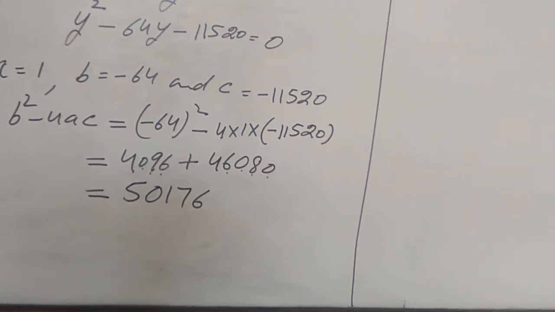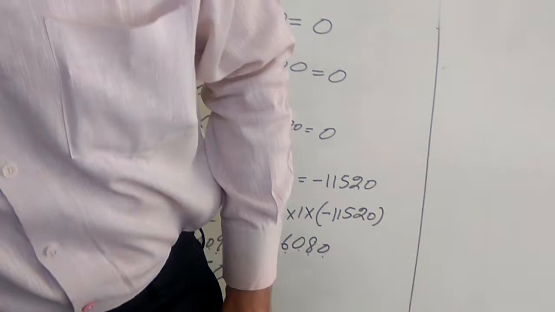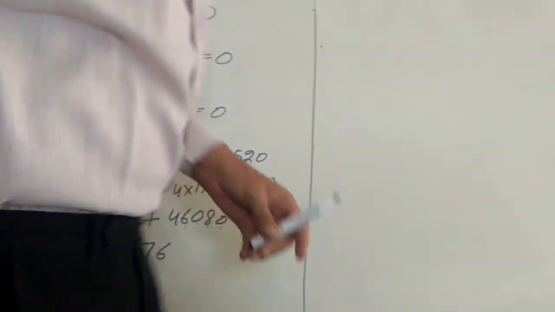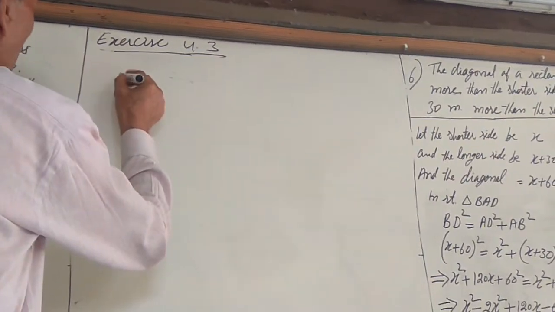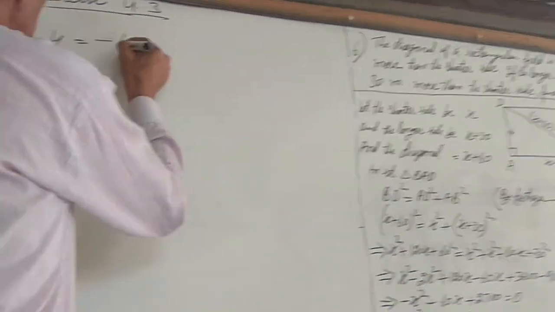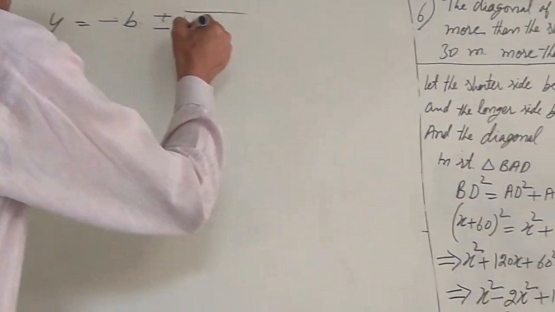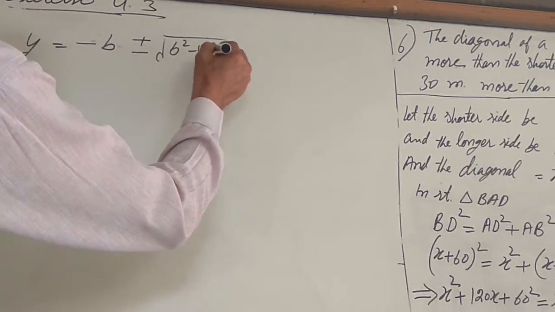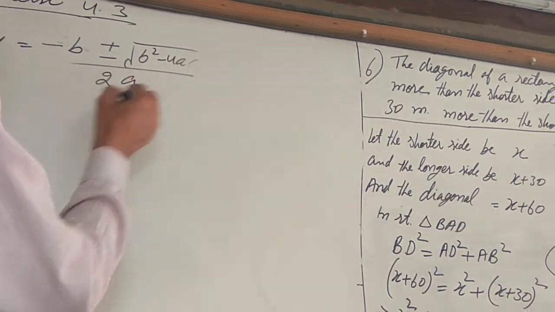Now we know what the quadratic formula is. We have to find the value of y. It is minus b plus minus the square root of b square minus 4ac upon 2a.